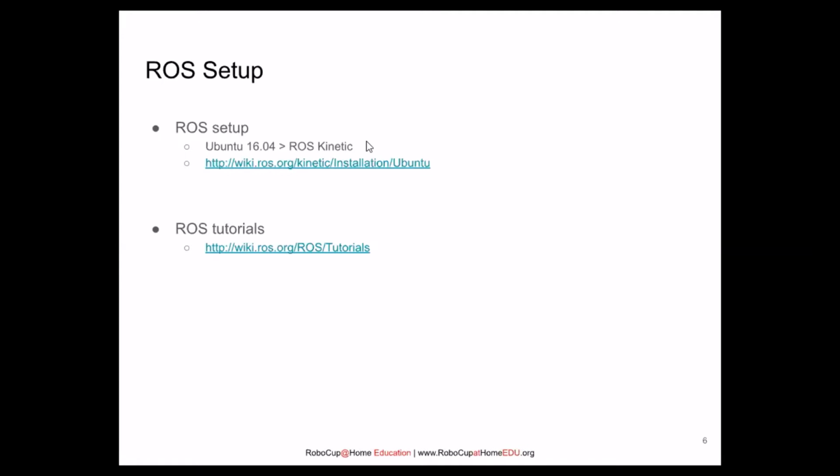And for ROS, the framework version is according to the Ubuntu version. So for 16.04, you need to use the Kinetic version, right? Although now ROS is pushing out the Melodic system, which is for 18.04, the newer version of Ubuntu, we use a lot of software packages and a lot of examples, and we actually spend a lot of time to make sure everything is compatible with each other.